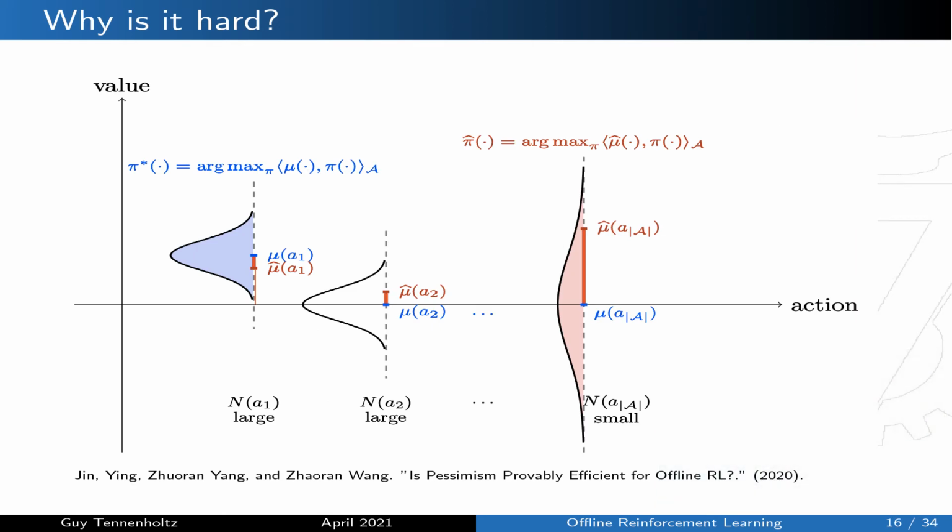Recall that mu hat is distributed normally with variance that goes like 1 over the number of times we sampled an action. So if we have an action that was sampled very little, then this normal distribution would be very wide, a very wide Gaussian distribution.